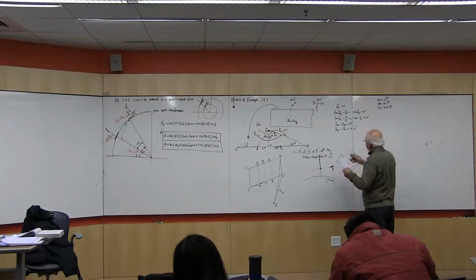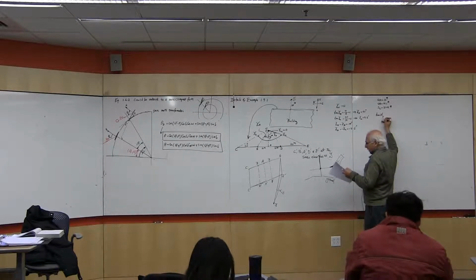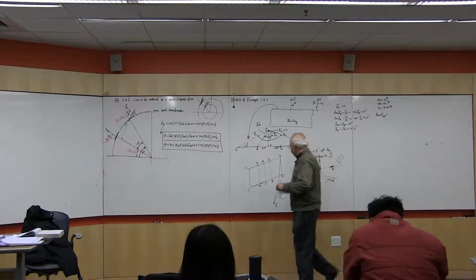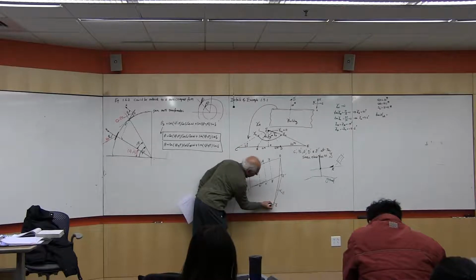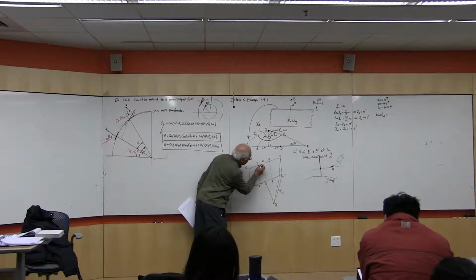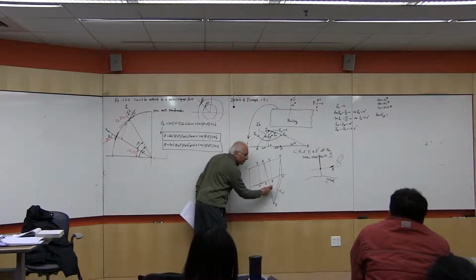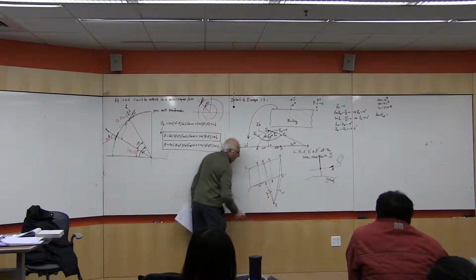Now, what is tan of alpha OA? If I connect from the base to those 2 points, the angle that these two make is alpha OA.